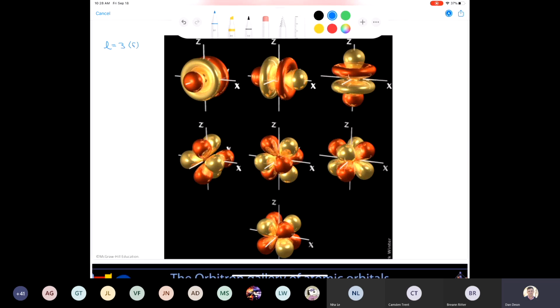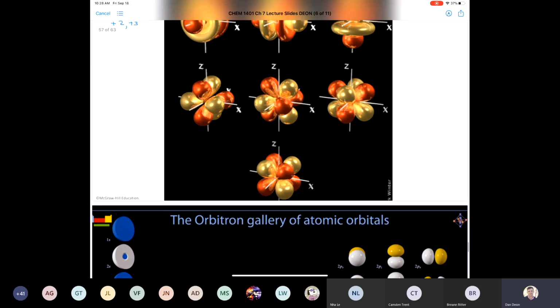We discussed that, and then we'd have -3, -2, -1, 0, +1, +2, and +3, right? Or you could do 2l plus 1. Either way, you end up with 7 total orbitals, and they're all shown here, okay? Anyhow, I'm never going to ask you to draw an F orbital, but in case you're curious, okay?